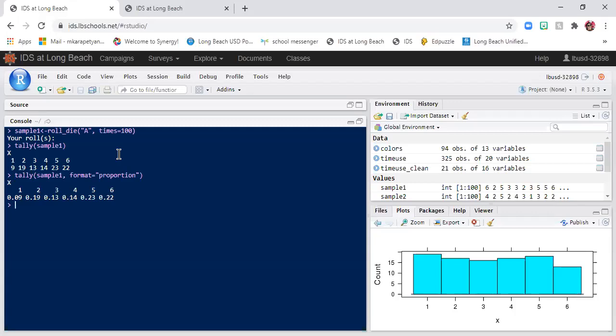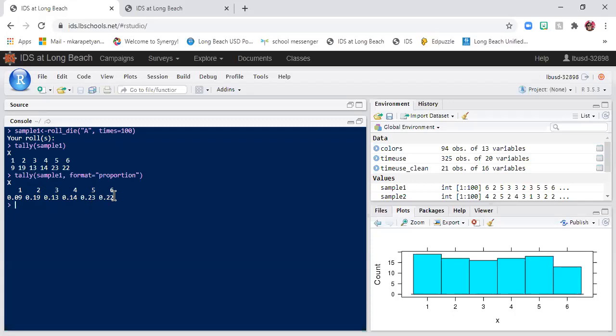So instead of giving me a 9, it says 0.09, 0.19. This is great for when you're doing something not out of 100, because we can easily see decimals in the hundreds. But when you do it out of like 200 or 500, it'll give you your proportion and you can actually compare the proportions.